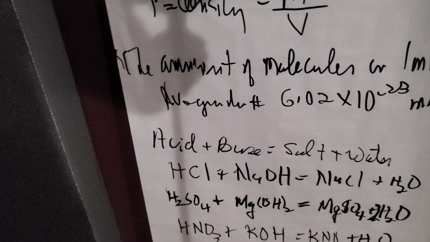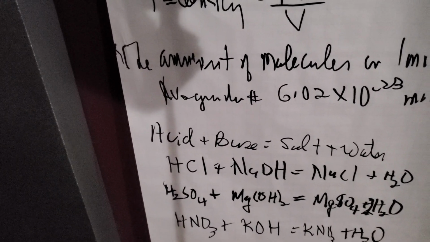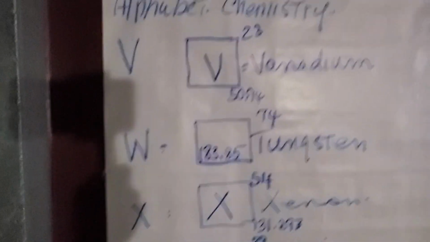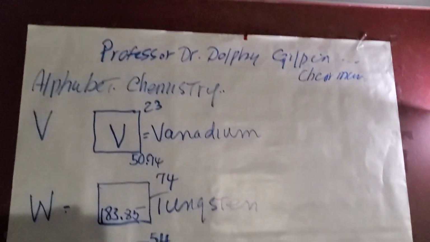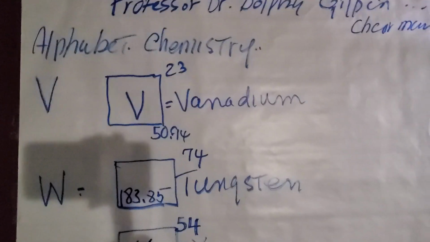Given any volume of a substance and density and mass, we could do the relevant calculation by the subject of the formula. So we conclude our alphabet chemistry. Let's just take us into some high school chemistry there, and then we move on quickly to college chemistry, back into the present era.